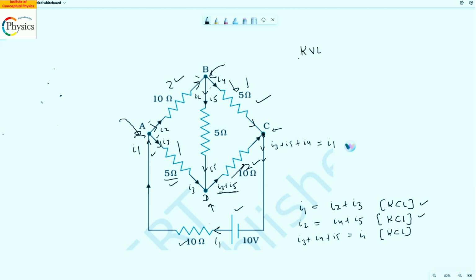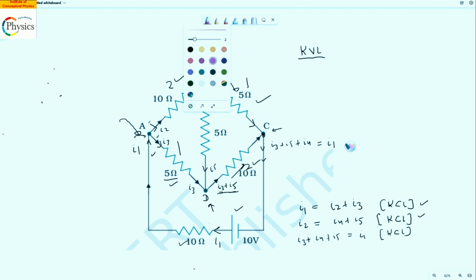Now, Kirchhoff's voltage law is applied on loops. So let's first select the loops. My first preference when I'm solving the questions is to always have a loop which has a battery. So this loop, I will use a different color so that it's easy for you to understand.